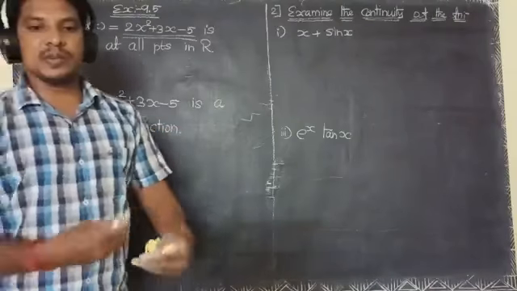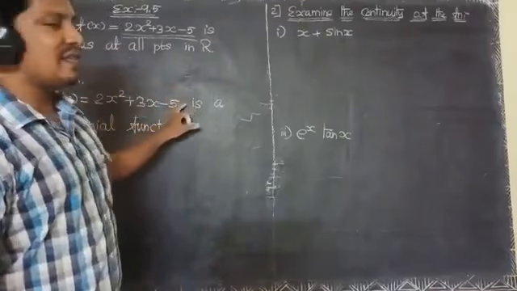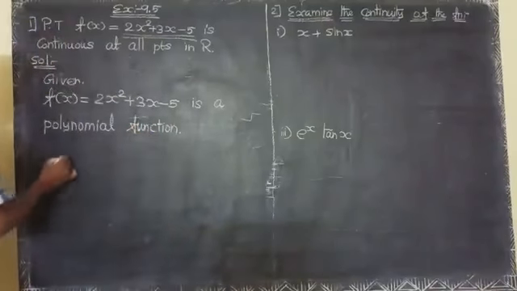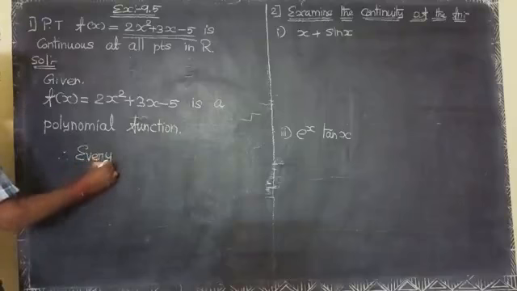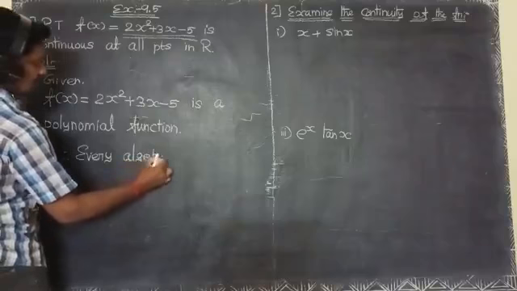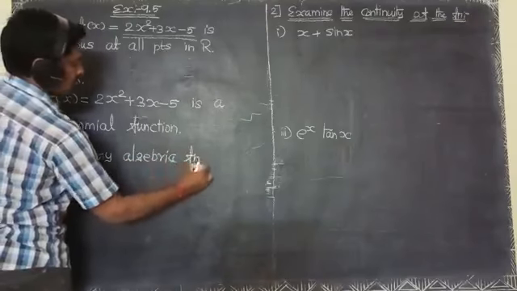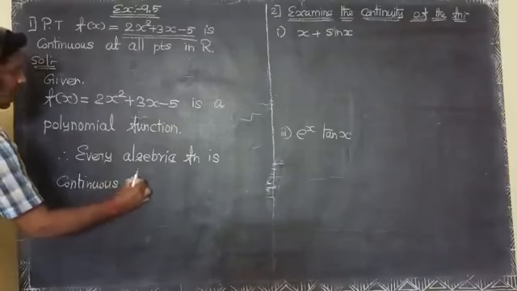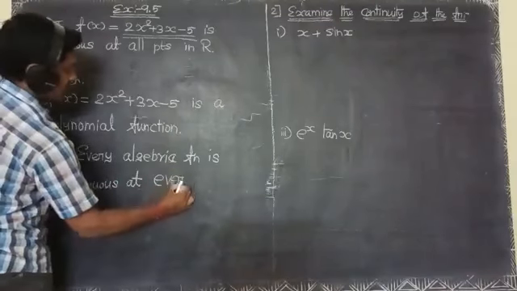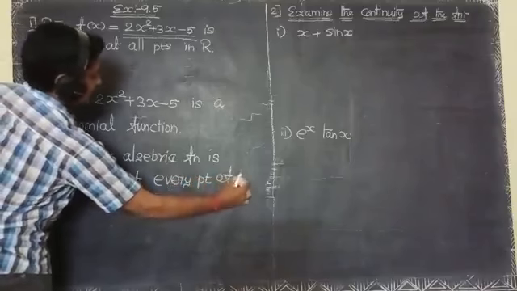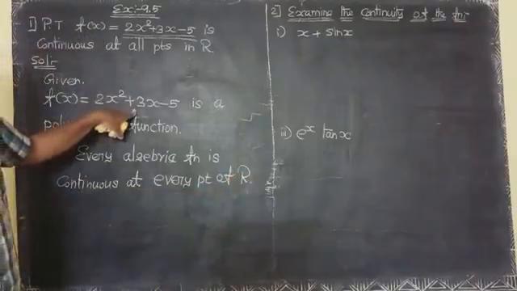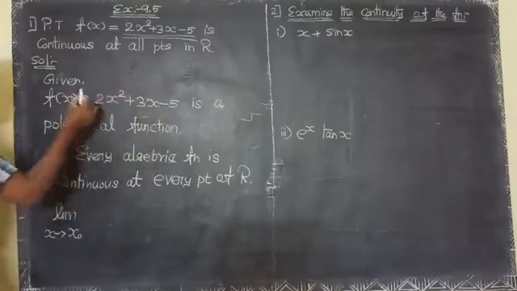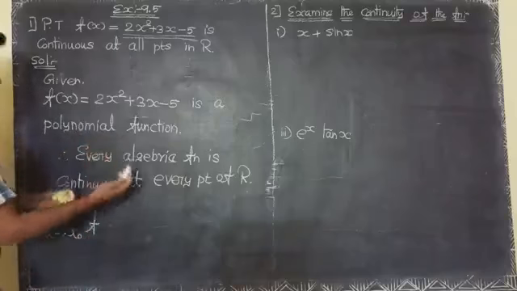Already we know a standard result: every algebraic function is continuous at every point of capital R. Suppose limit x approaches x naught of the given function f of x, that is the polynomial p of x.